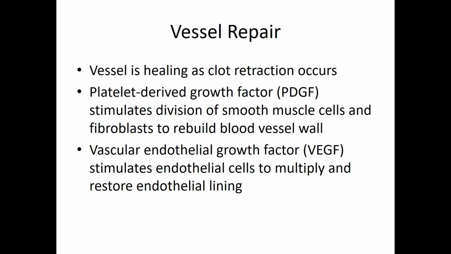But each of those growth factors has a slightly different role in terms of what parts of, in this case, a blood vessel we are regenerating. PDGF is about smooth muscle predominantly. VEGF is more about the endothelial linings in the blood vessel itself. But both are working to replace the cells that have been damaged.